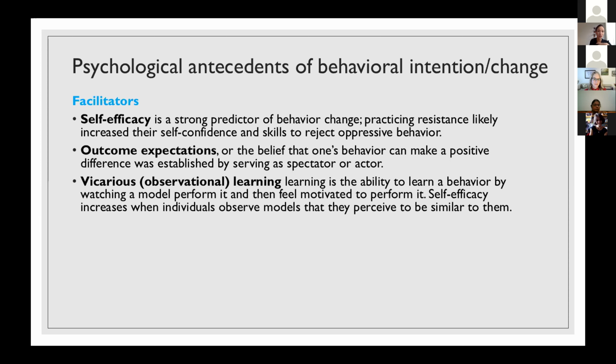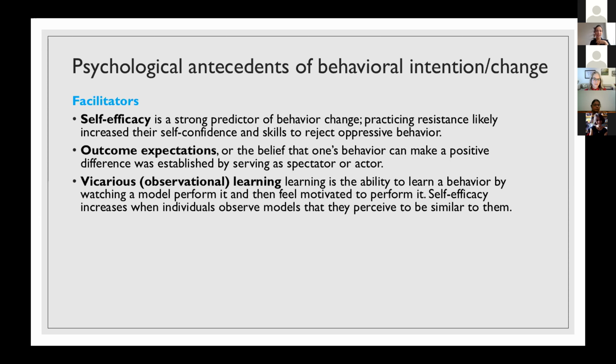Vicarious or observational learning, I think, is one of the most important constructs that I observed in reading this paper, and that is the ability to learn a behavior by watching a model perform it and then feel motivated to perform it. And also of note, self-efficacy increases when individuals observe models that they perceive to be similar to them.